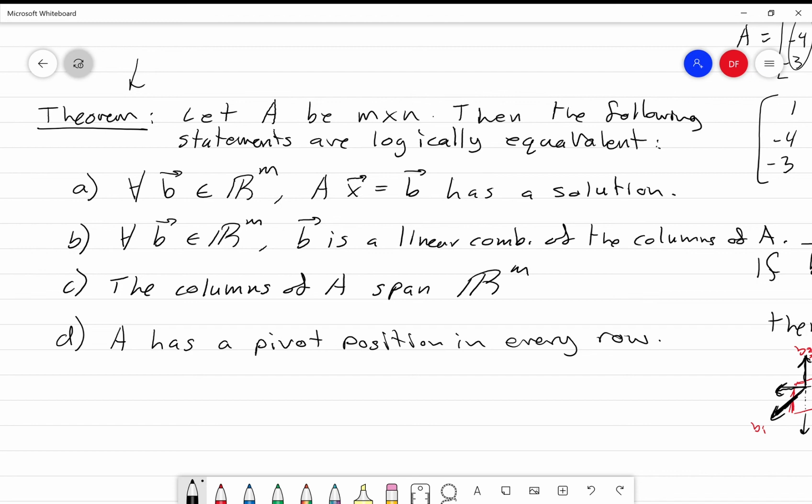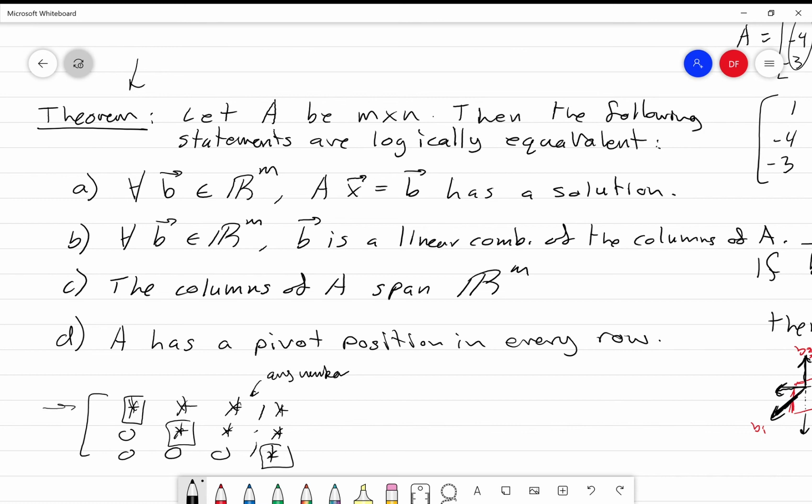So if I have, for example, the following matrix, where these are any number, and I have 0, well, there's a pivot here, there's a pivot here, there's a pivot here, so there's a pivot in every row. However, this here tells me that there are 0 solutions.